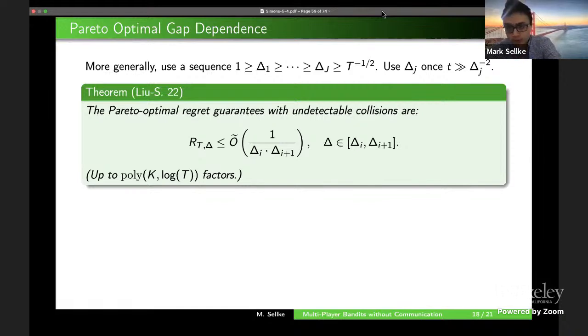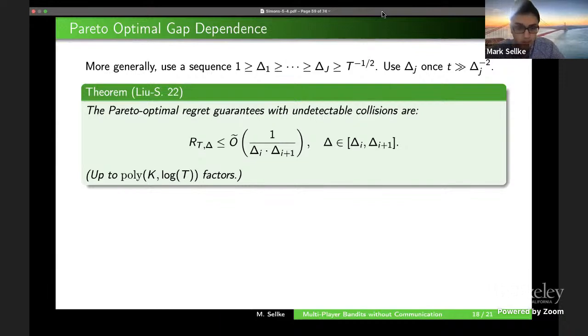And so after you get to time bigger than delta j to the minus 2, you switch to that scale. And the result of this is a regret guarantee of at most 1 over delta i times delta i plus 1 for gaps that are bigger than delta i.